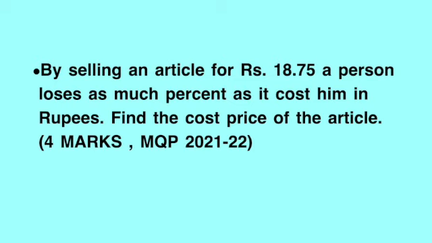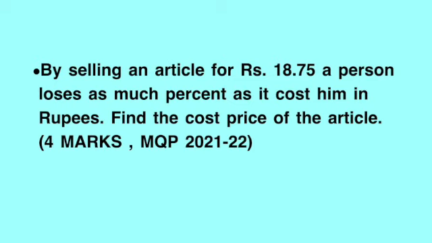They gave 4 marks for this particular question in the 2021-22 model question paper. This question is extracted from the previous textbook of 10th standard. Therefore, this type of question may come in the examination, although the chance is very less. Even then we practice this particular question.